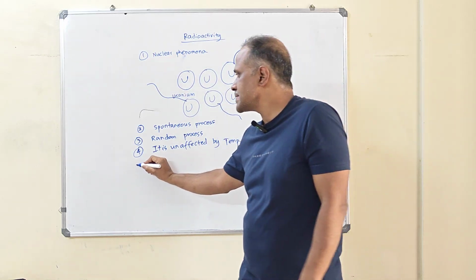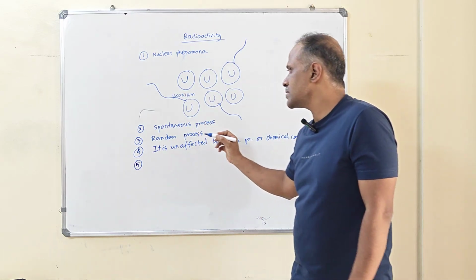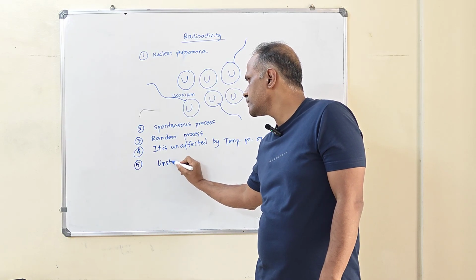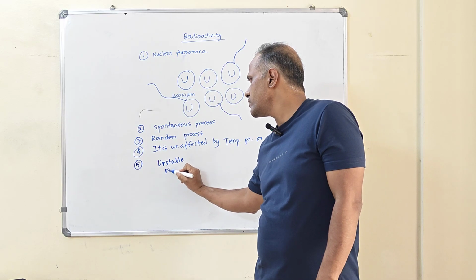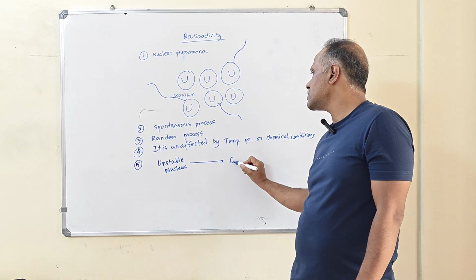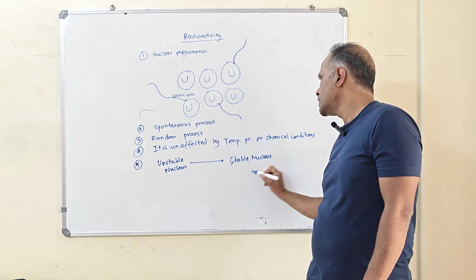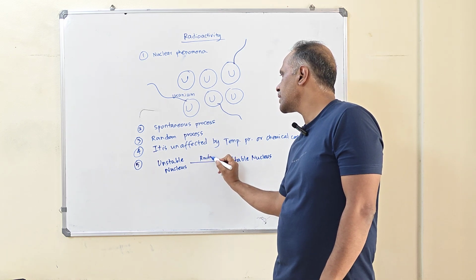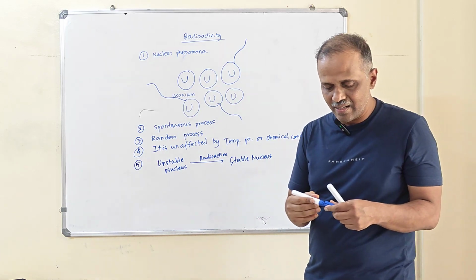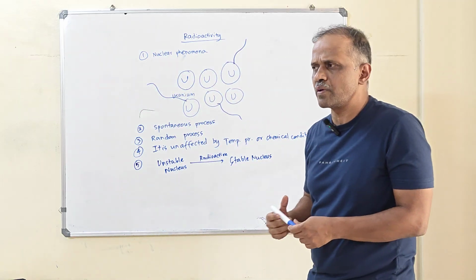Now what exactly happens in case of radioactivity? As we have discussed earlier, an unstable nucleus gets converted into a stable nucleus by emitting certain particles or certain rays, and it tries to become stable.